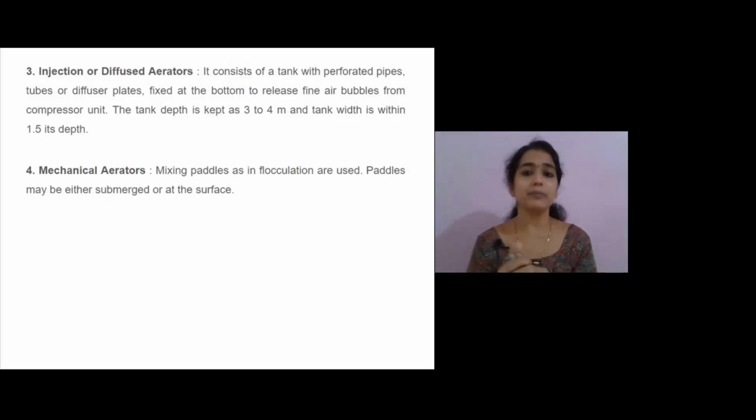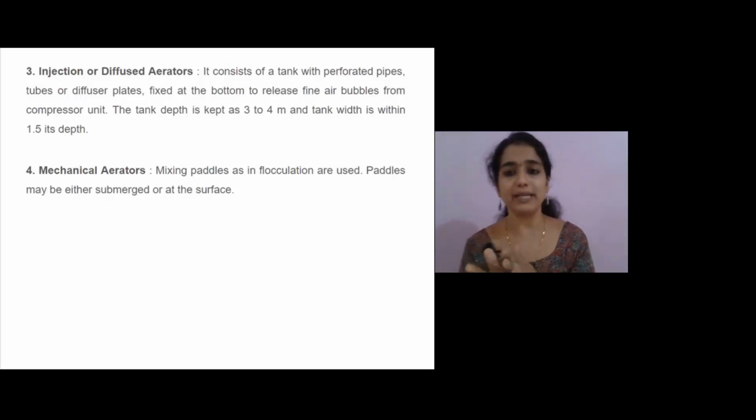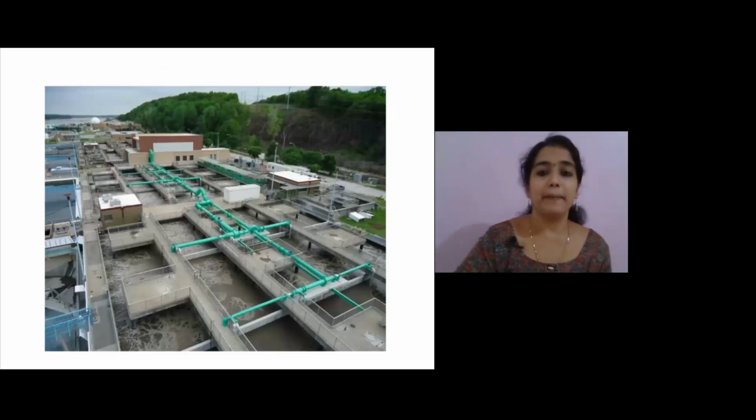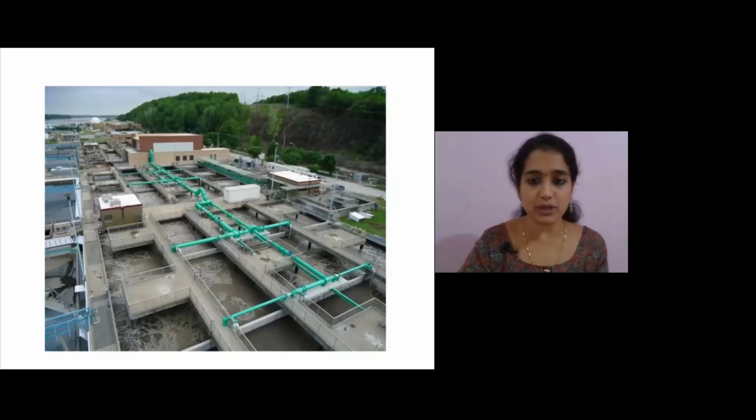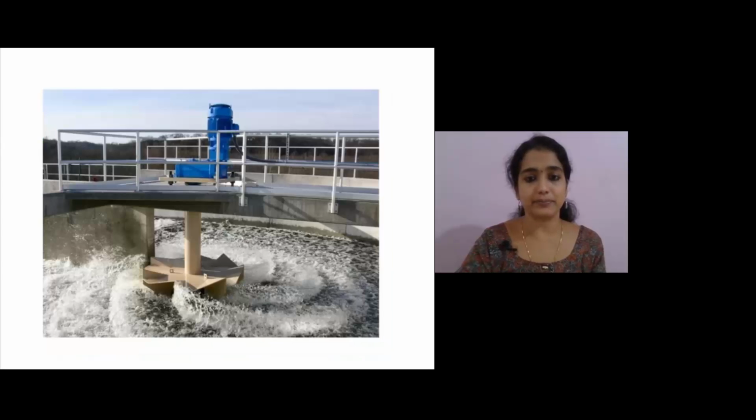The tank depth is kept to 3 to 4 meter and the tank width is within 1.5 times its depth. This is the pictorial representation of an injection aerator.